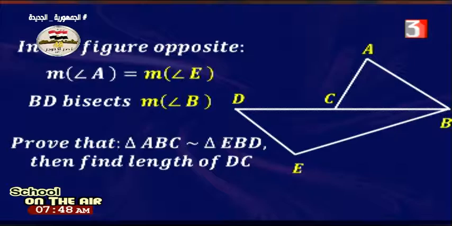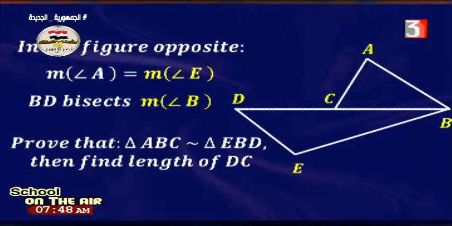First of all, we have to prove that the two triangles are similar. Now, do you remember how you can prove that two triangles are similar if the corresponding angles are equal in measure? In this case, you are going to look carefully at the given.